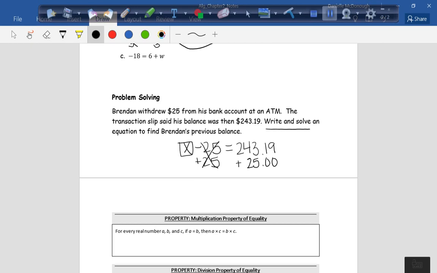This will cross out because it's equal to 0. And then I'm left with x. X is equal to, if I add all of this together, it's going to be $268.19. So this right here was my previous balance.